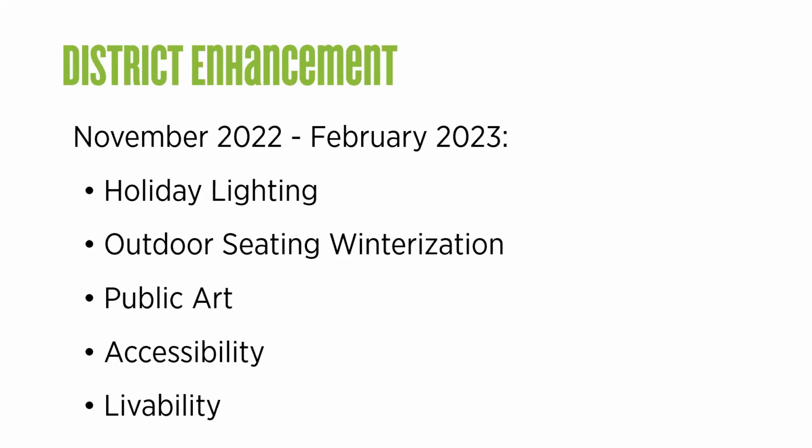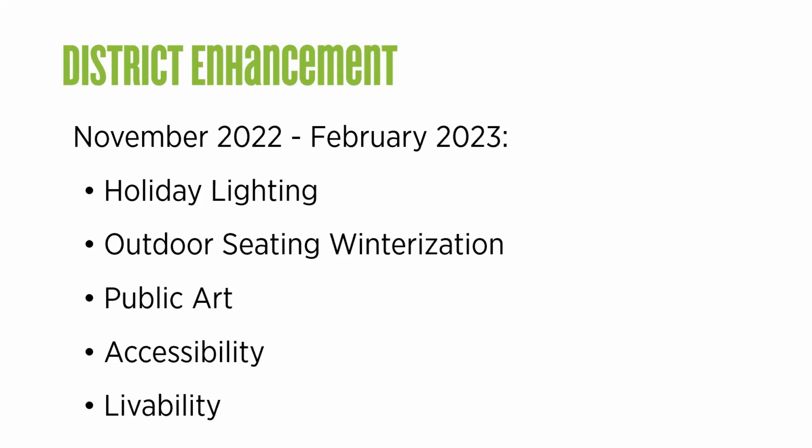We also had districts doing outdoor seating winterization. So with the start of the pandemic, a lot of businesses and districts created outdoor seating for the first time in that public right of way using the PBOT Healthy Business Permit Program. But then when the winter months came, the rainy months came, they realized people didn't really want to use that seating unless it was covered and heated.